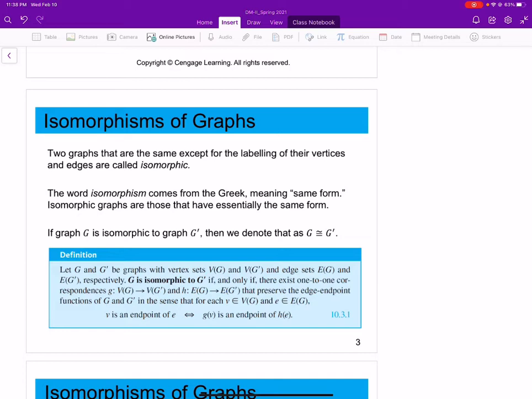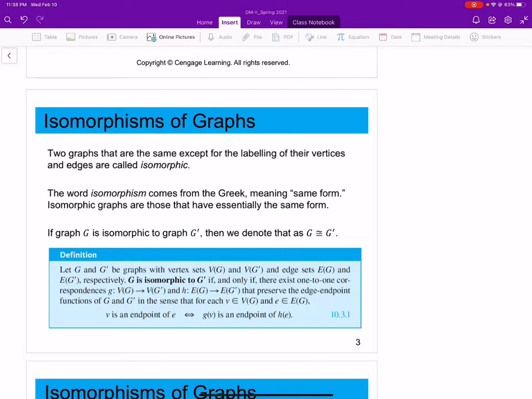Once you relabel them, you might think you have two different graphs, but they are not two different graphs. They are the same graph, but two different representations. So isomorphism is helpful to recognize such different representations.